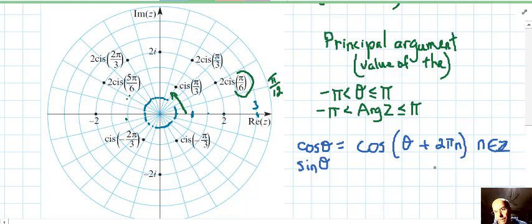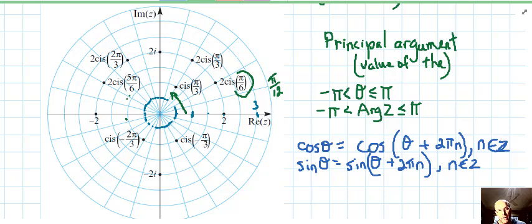And sine corresponds to that as well. We have theta plus multiples of 2 pi if we're in radians. Okay, so that means that we have this coterminality.